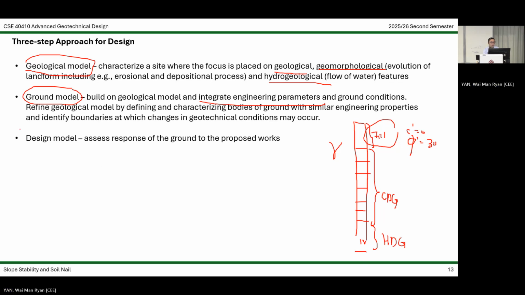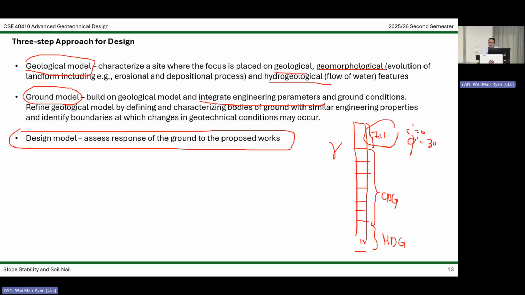Then, if this is a slope problem, you build your design model in Slope/W. If this is a soil structure interaction problem, you build your model in Plaxis, for example, Plaxis 2D. The reason why you have to build this design model is you want to investigate the response of the ground due to what?